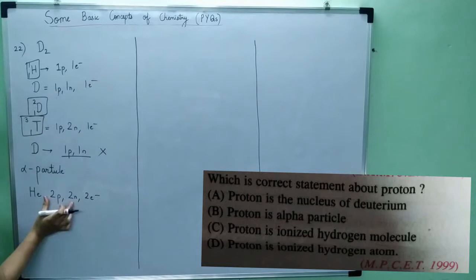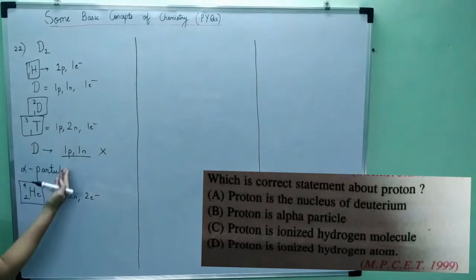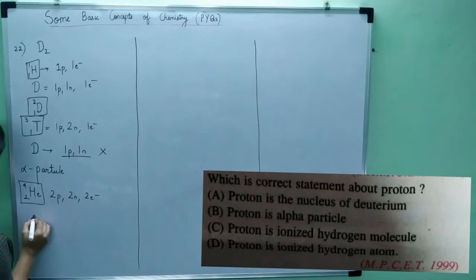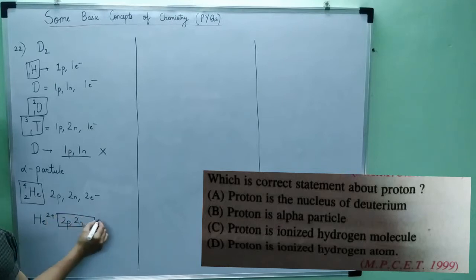So helium has mass number of 4 and atomic number of 2. And an alpha particle is the helium nucleus. When we remove the electrons completely, it becomes helium 2 plus. Now helium 2 plus contains what? It still contains 2 protons and 2 neutrons. So this is not just one proton, so this is also not the proton, right?